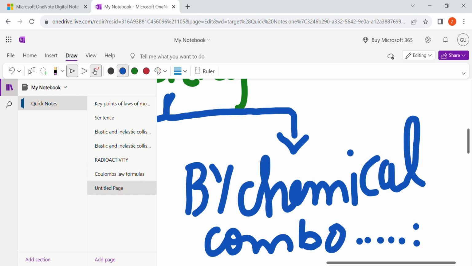Chemical bonding means how the atom chemically bonds, its stability, its melting point, acidity, basicity, coordination number, toxicity of an atom or an element, bonding formation. These all are examples of chemical properties.